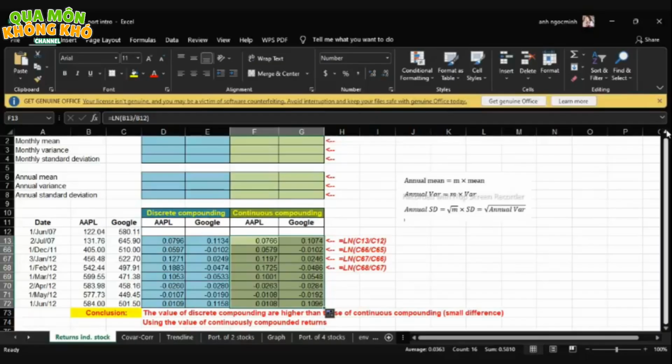So you can add up all of those returns and have the longer period return. This is one of the important advantages of the continuous compounding return, and you cannot do it with the discrete compounding return, or the simple return.